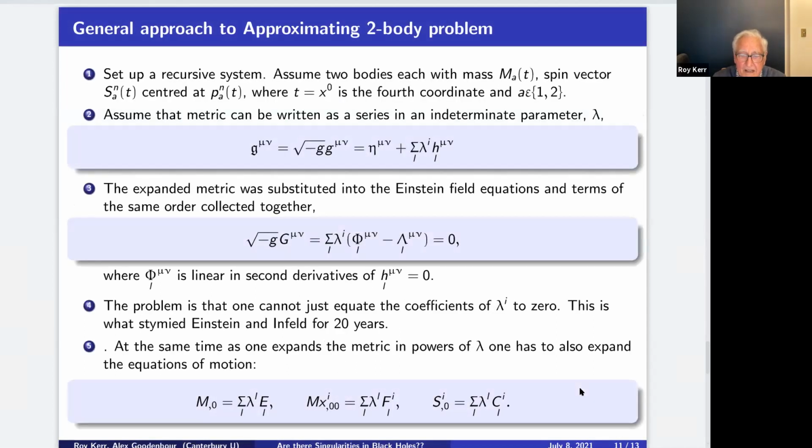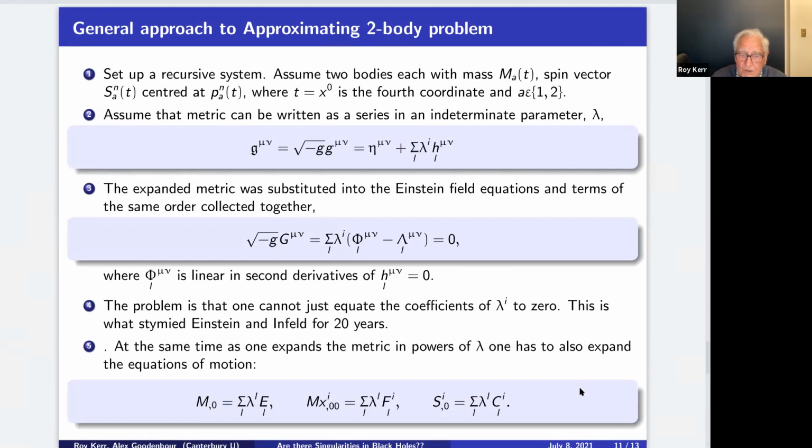Okay, so what it came down to, you can read this for yourselves, was that you can't solve, you literally cannot solve the set of linear equations, phi mu nu equals lambda mu nu, in each order exactly. They cannot be solved.